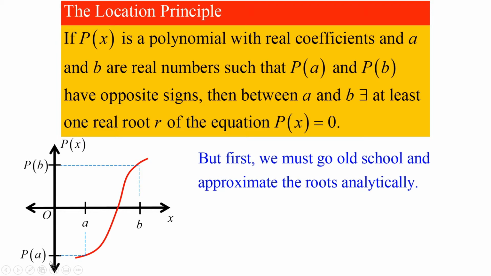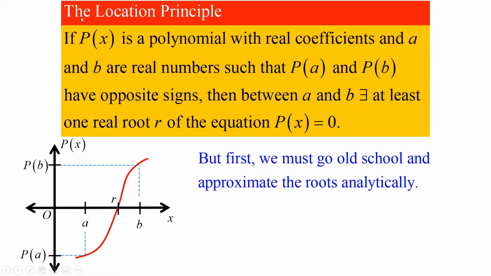P of b, p of a. And they have opposite signs. In this case, p of a is negative and p of b is positive. Then between a and b, remember this symbol, there exists at least one real root r. So there's my r right there in this case, of the equation p of x equals 0.